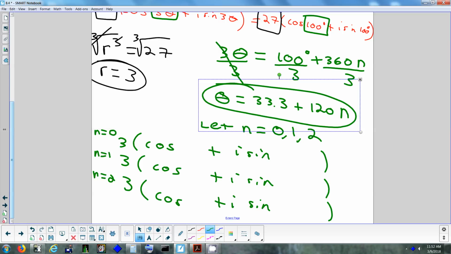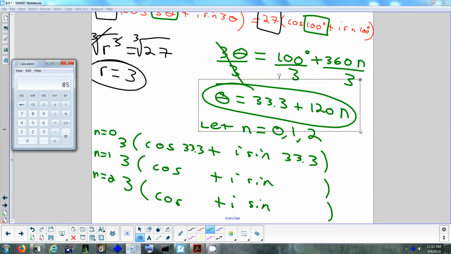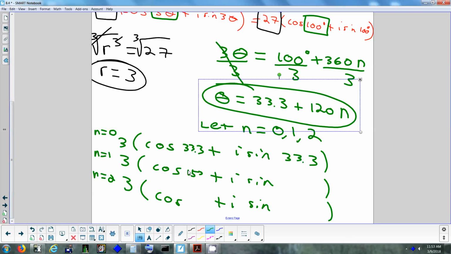Let's start with 0. What's 120 times 0? 0 plus 33.3. That's your first answer, 33.3. Let's let n equal 1. What's 120 times 1? 120 plus 33.3 is 153.3. That's your second answer.